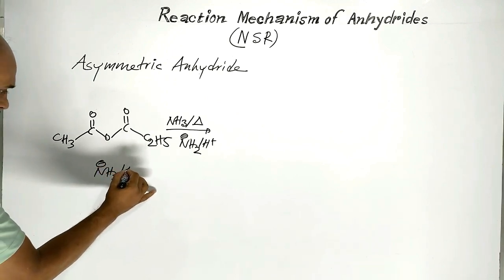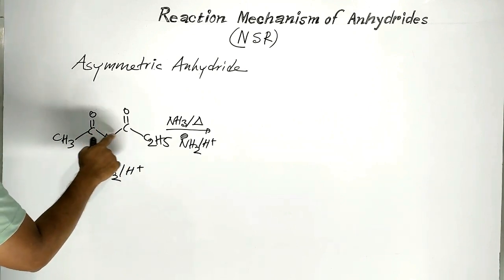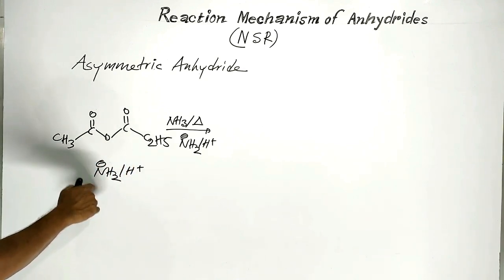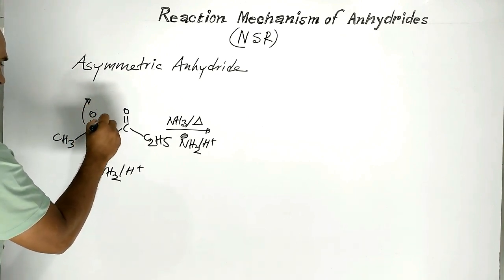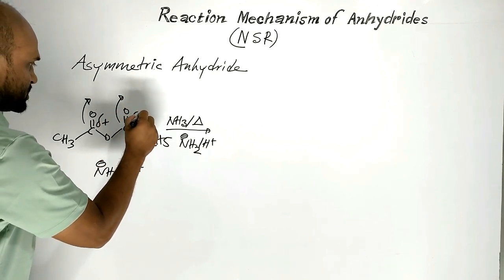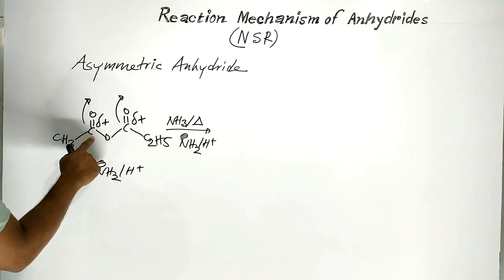Azanide ion and proton. Now let us see which carbon will be attacked by this azanide ion, the negative ion. Here, this carbon becomes positive in charge. At the same time, this carbon becomes positive in charge because of the higher electronegativity of oxygen.